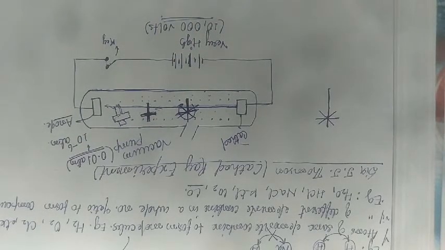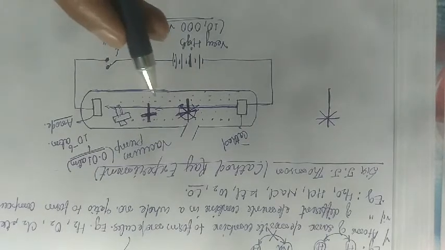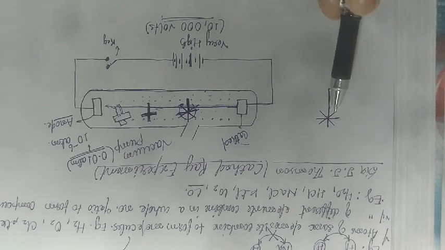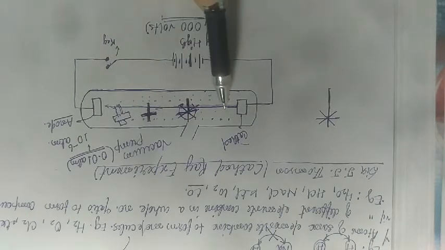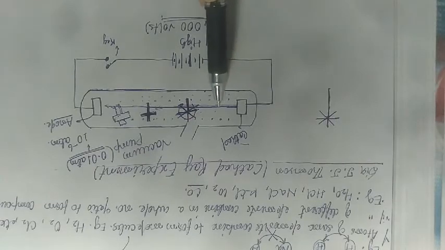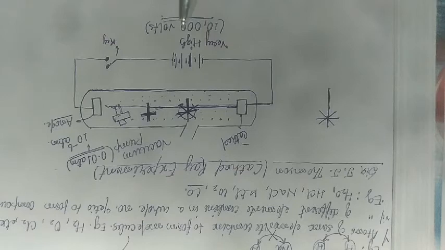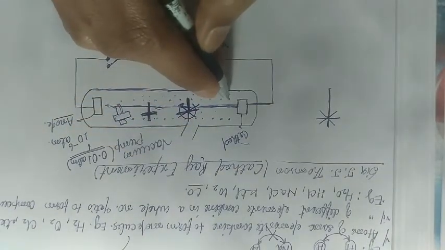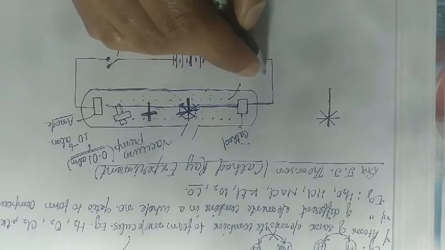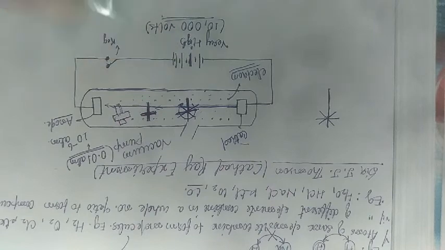So he concluded, since light cannot rotate this, there must be a material particle in these rays which, when hitting this object, makes it move, and that particle he has given the name electron.